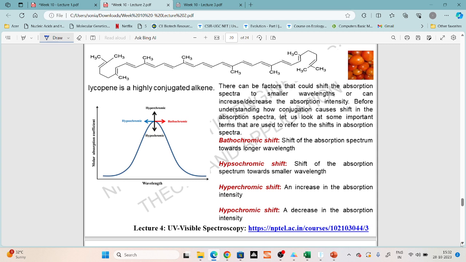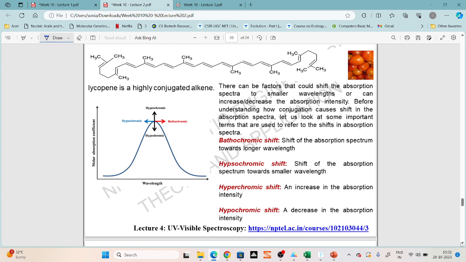Okay. So what you could understand from this is basically the kind of shifts. First is the bathochromic shift, which is when the spectrum shifts towards a longer wavelength. This side is the bathochromic shift. Hypsochromic shift is when it shifts towards a shorter wavelength.